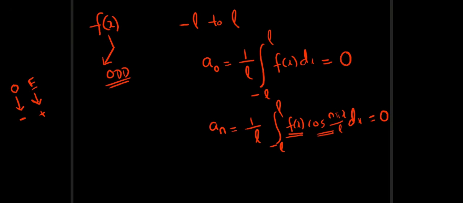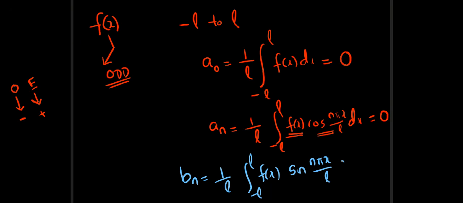Now bn will be 1 by L integral minus L to L f of x times sine n pi x by L dx. Now look at this, f of x is odd, and I told you the trick, odd function corresponds to negative, and again sine is an odd function, so negative into negative will be positive.